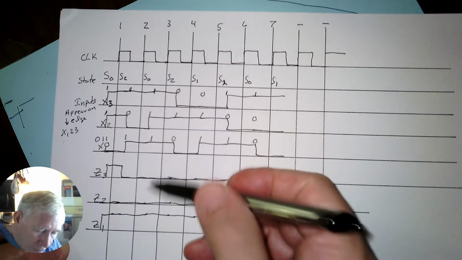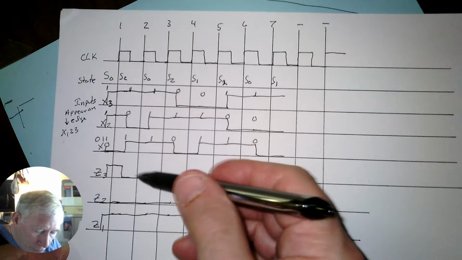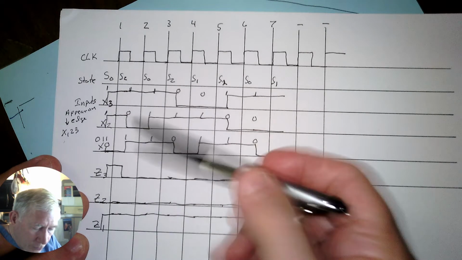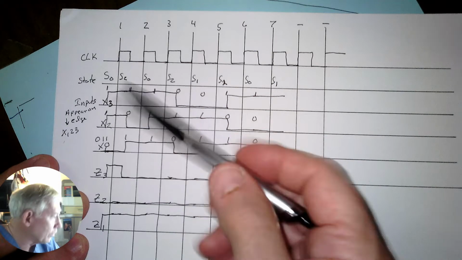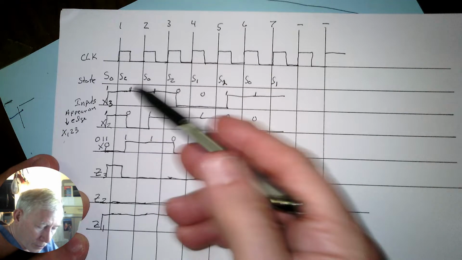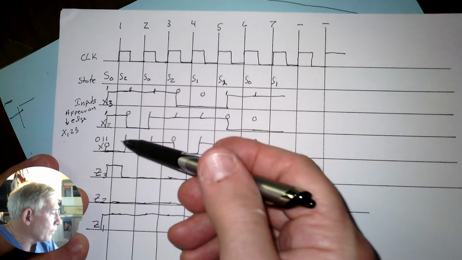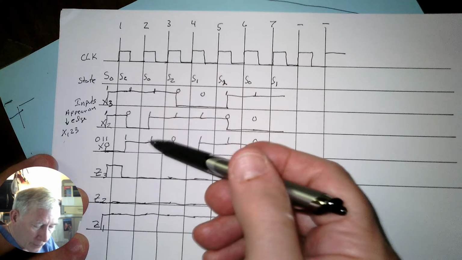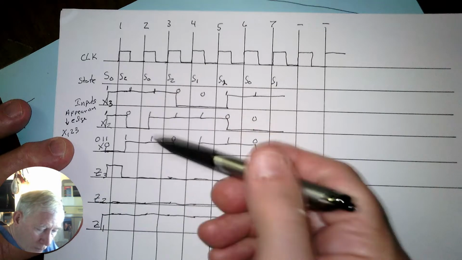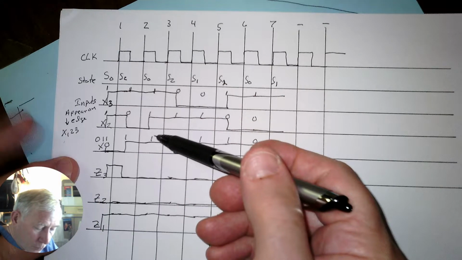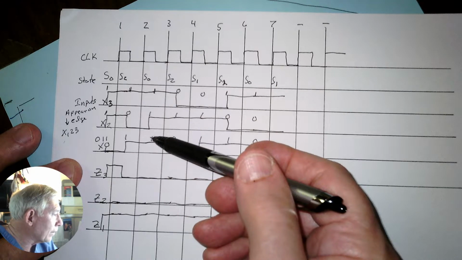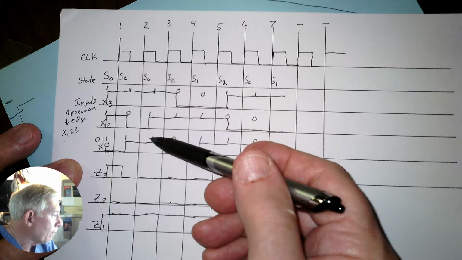Now our next clock edge comes, and our new inputs are 1, 0, 1. Since we're in state S2, X1 is a 1, so that sends us back to S0. In S0, our new inputs are 1, 1, 1, and that sends us back to S2 again.